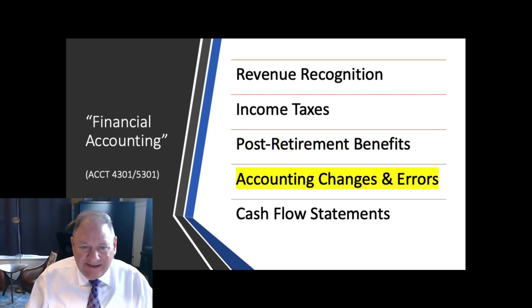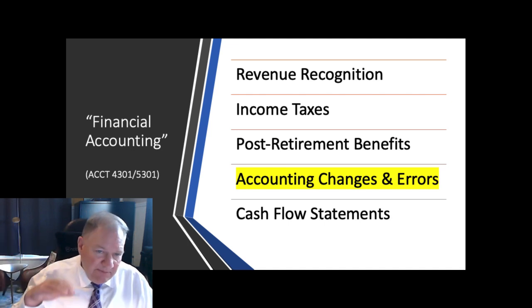Accounting changes and errors, we addressed those in Intermediate Accounting 1 somewhat briefly. We'll spend more time with those here and work out some of the nuances there. In practice, we encounter changes in accounting. So we start off with the idea that the accounting standards are the same, and we just keep doing that.